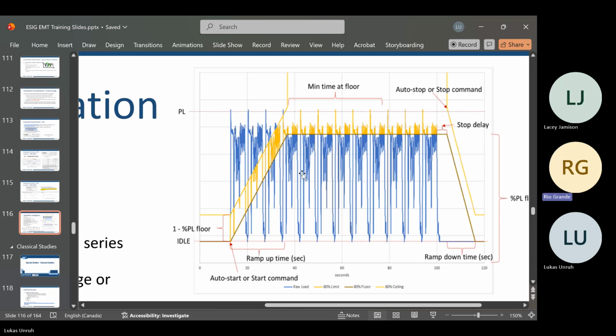What's happening here is that this brown line is what we're calling the load floor. Any of this GPU fluctuation where the power drops below this line, they're doing a GPU burn during those interfills.